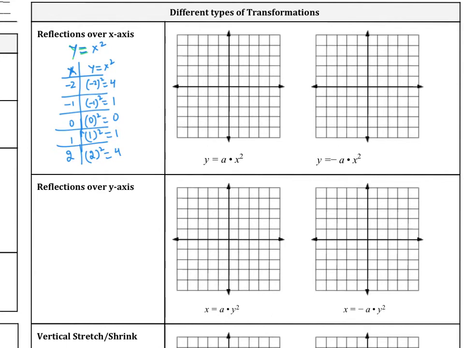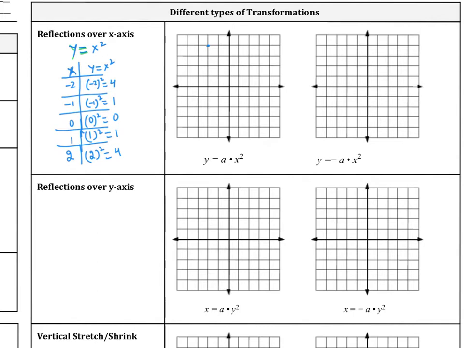So here is the table for y equals x squared. You choose any x values. I just use the basic x values: negative 2, negative 1, 0, 1, and 2, and plug them in for x to find the y value. Negative 2 squared is 4, so my first point is (-2, 4), and I graph it right here.